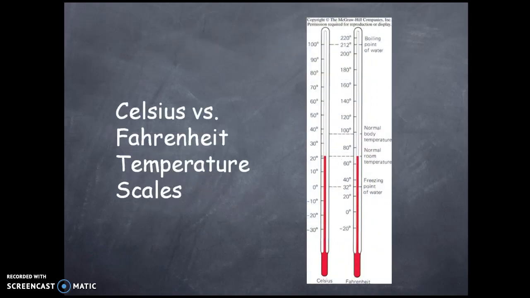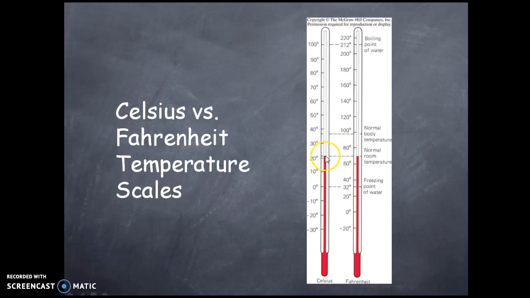When you look at the temperature scales, one starting with 0 and one starting with 32, it doesn't mean the thermometers would be bigger or smaller. They will be exactly the same size, but the markings will be a little different in the Celsius and Fahrenheit scales. Let's say it's 20 degrees Celsius right here.